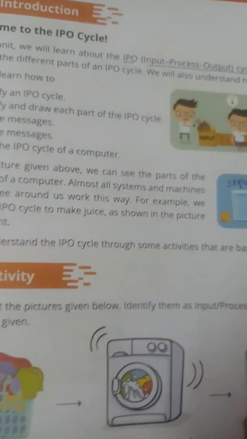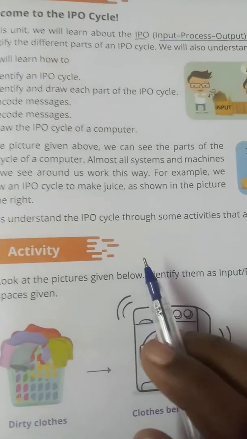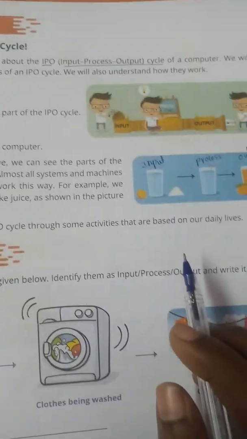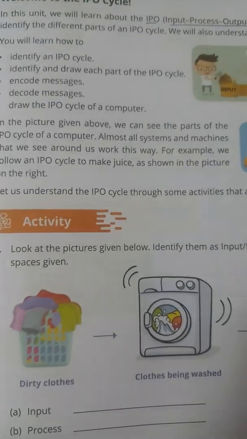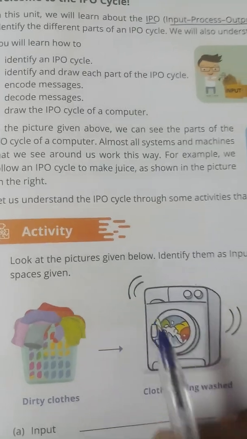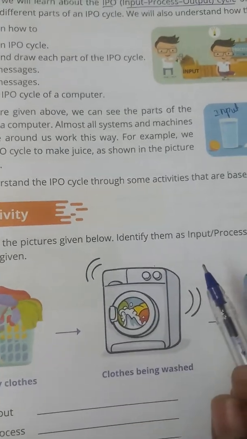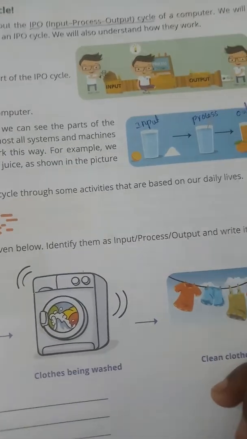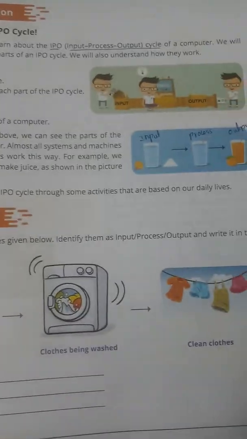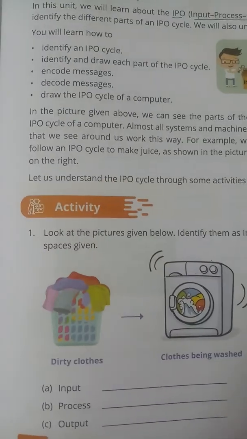Okay. Let us understand the IOP cycle through some activities that are based on our daily lives. Look at the pictures given below. Identify them as input, process, output and write it in the spaces given.